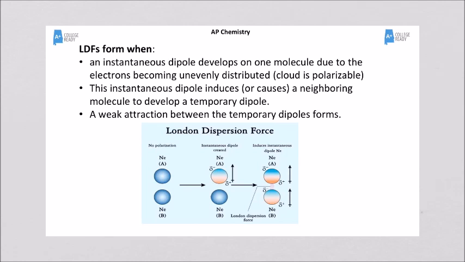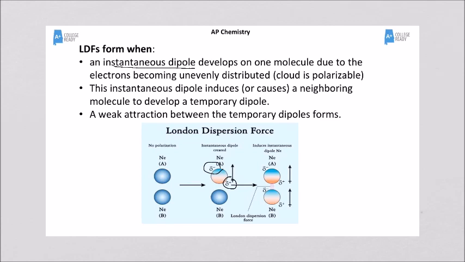Notice the little symbols, partially negative and partially positive. The electrons are always moving around the cloud in their energy levels, so what this is showing is that more of the electrons ended up in one area of the cloud than the other. That caused this partial negative situation, which means the other end of the molecule would be partially positive. That's what they call an instantaneous dipole.